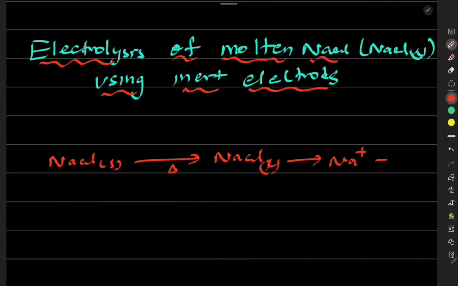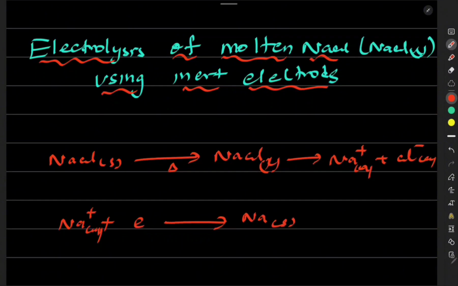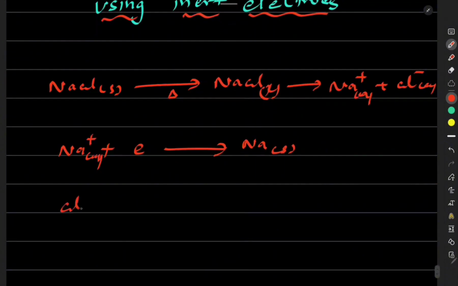Na⁺ plus an electron forms solid Na, and 2Cl⁻ forms Cl₂ gas plus 2 electrons.